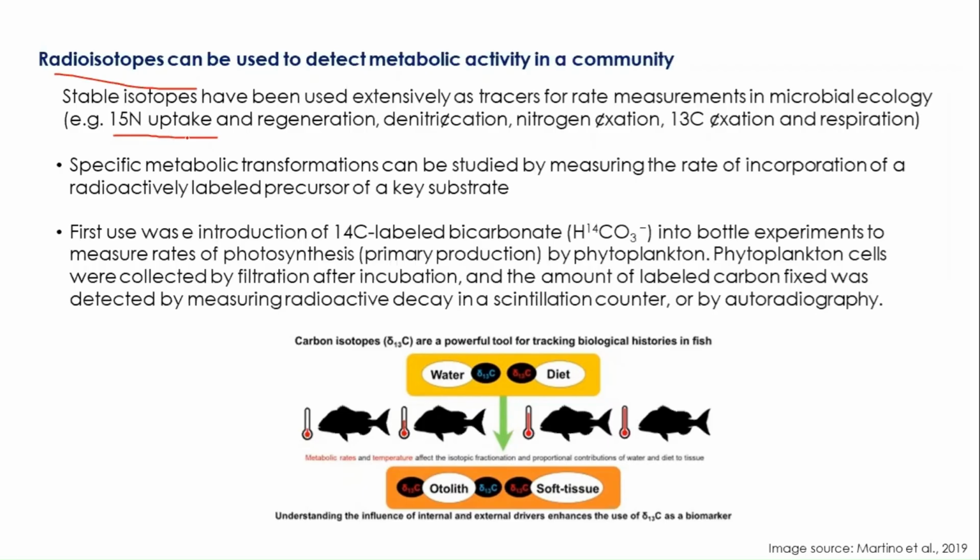If the primary producers have fixed it through photosynthesis into an organic compound, and that organic compound is taken by the primary consumer, then the secondary consumer, then the tertiary consumer, and in between it is released into the water by the microbes, we can analyze all the steps in that food chain and see the structure and function of the ecosystem. It means who is feeding on whom, and how much in terms of quantity. So all those studies can be done using radioisotopes.